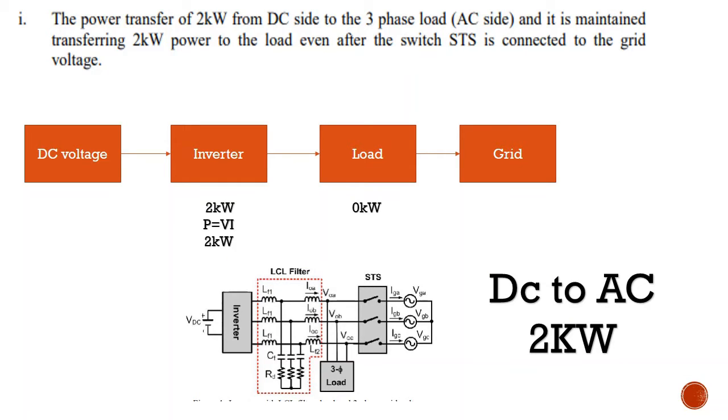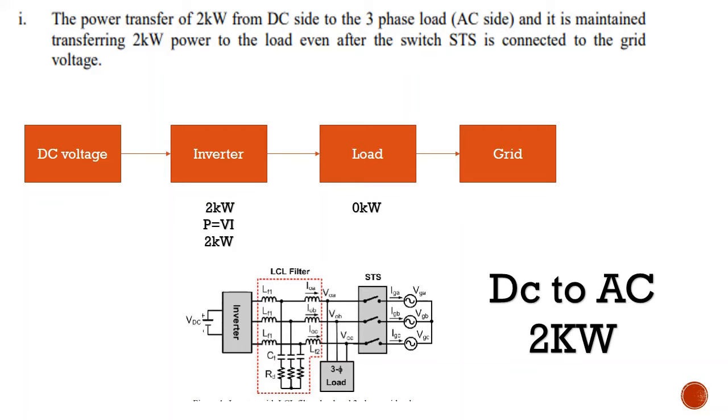The first condition is given as the power transfer of 2 kW from the DC side to the 3-phase load AC side, and it is maintained transferring 2 kW power to the load even after the switch STS is connected to the grid voltage. In short, the current flow in the circuit diagram is in the in-phase condition, which means the current is flowing from DC to AC and the power is 2 kilowatt.